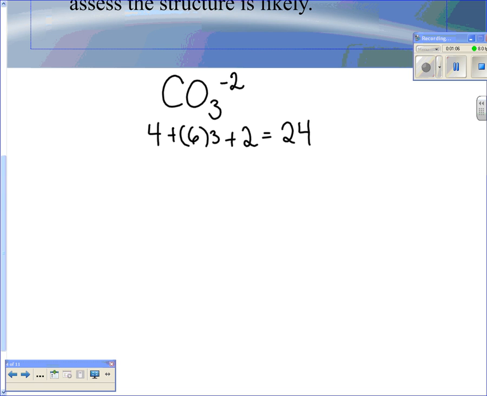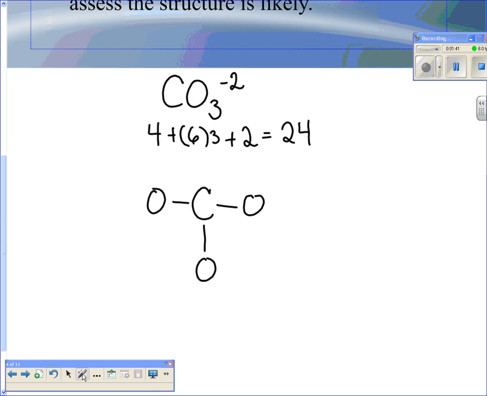So I'm going to then just connect my central atom. My central atom will be the one that you have a single one of, or the lowest electronegative element in your compound. And I'm going to hook the 3 O's to it. Whenever you hook the oxygens to the carbon, or whatever element to the central atom, each one of those bonds represents 2 electrons.